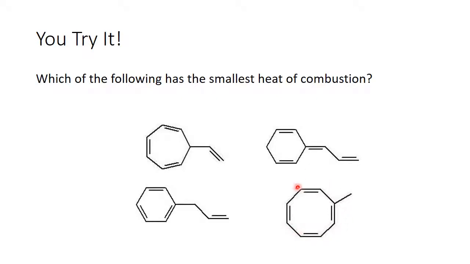This we know is anti-aromatic, so it would have a huge heat of combustion and release a lot of energy. This, however, has an aromatic ring, and so it would release a very small amount of energy on combustion. Notice these are all comparable to each other in that they have visually 4 double bonds, but the aromaticity of this compound makes it have the smallest heat of combustion.